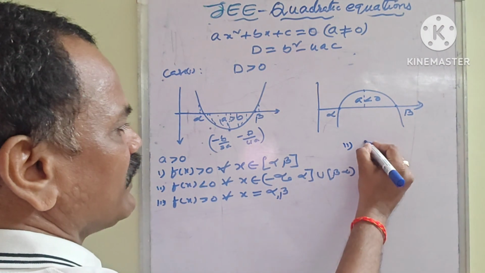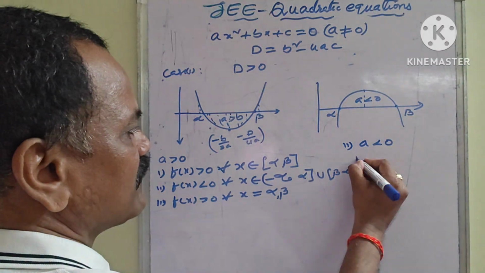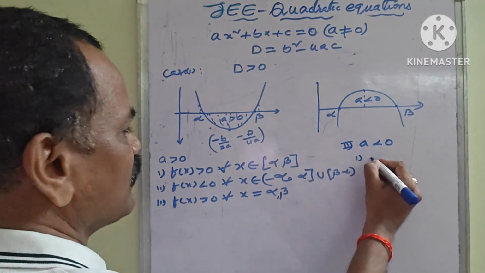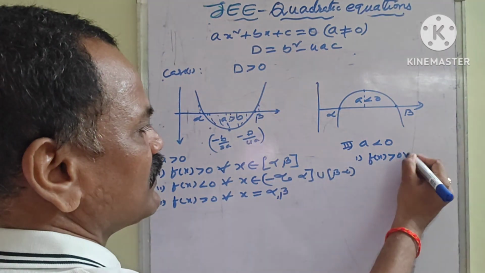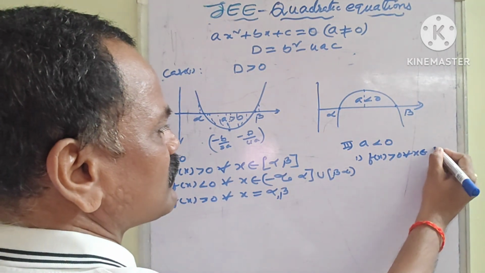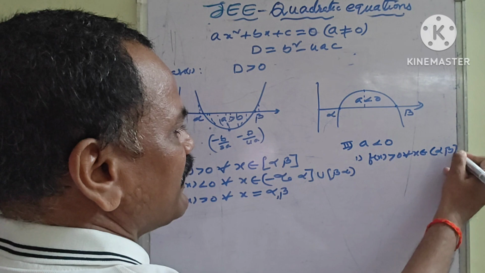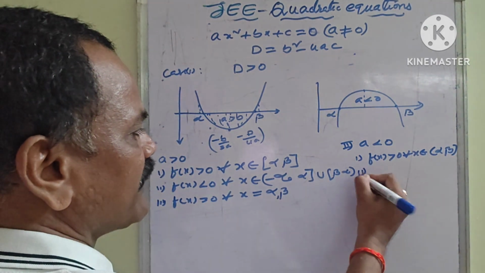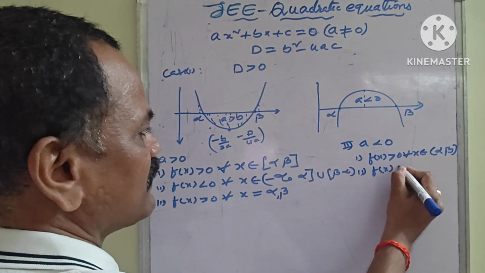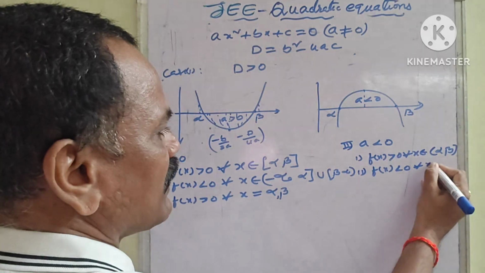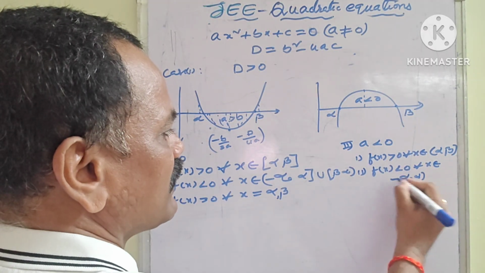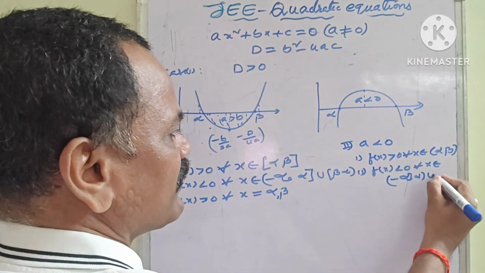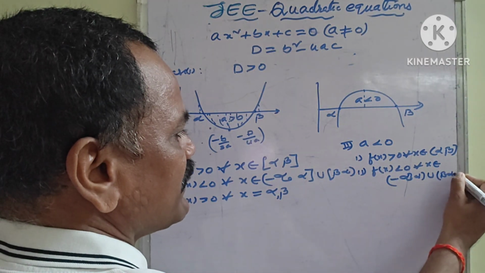Now if a is less than 0, case 1: f of x is greater than 0 for all x belonging to alpha comma beta. Case 2: f of x is less than 0 for all x belonging to minus infinity to alpha union beta to infinity.